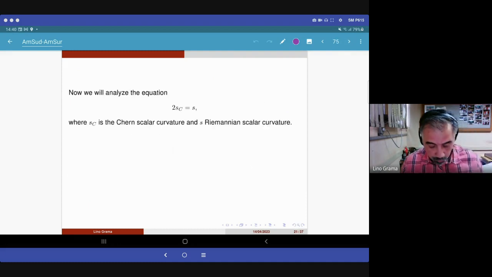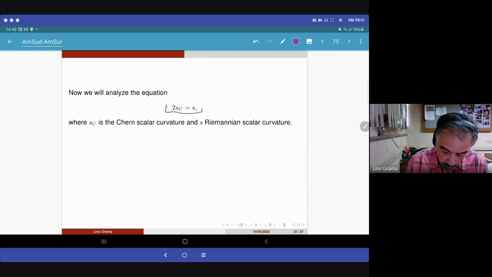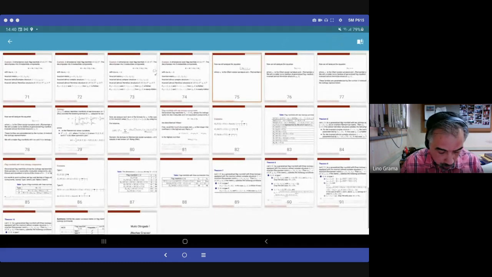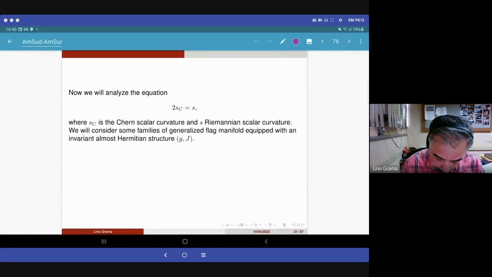And now we analyze this equation in this setup. We choose a flag manifold and then put some invariant almost Hermitian structure.